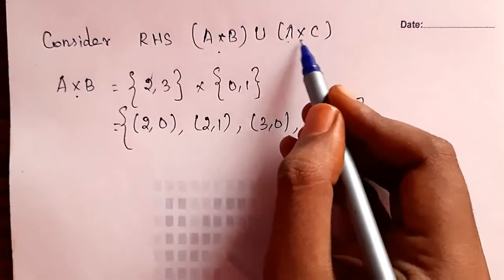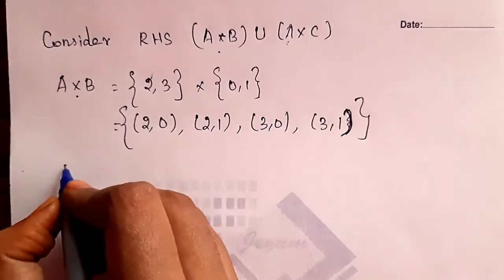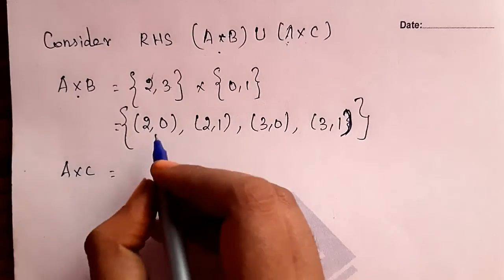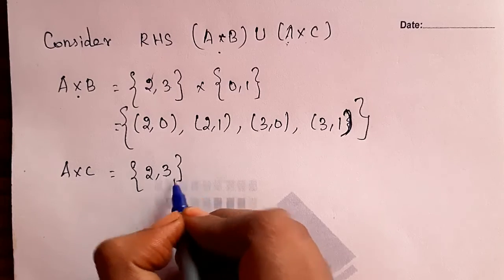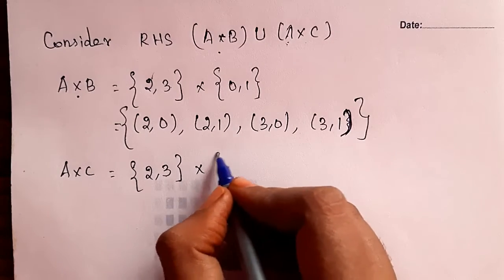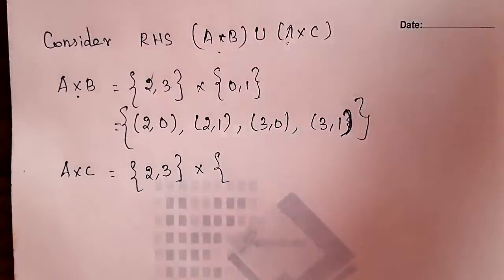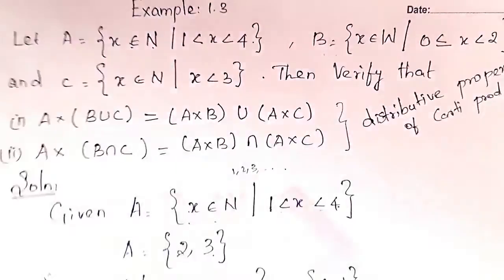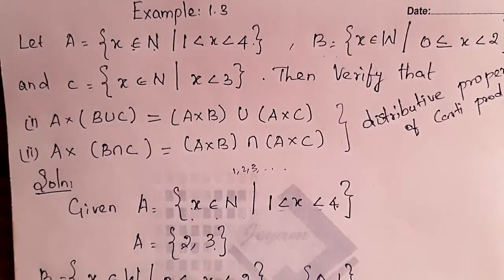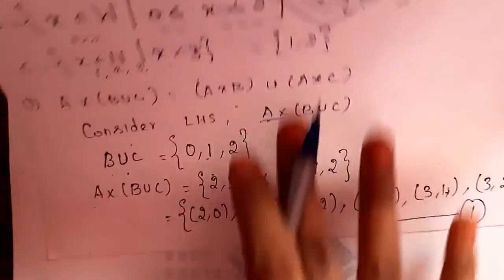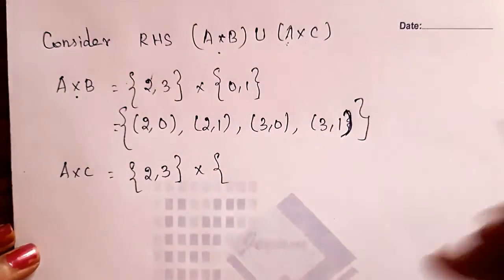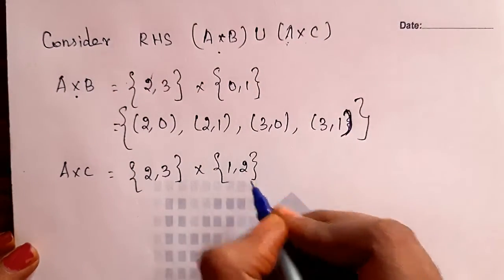Next we can find A cross C. So A cross C equals, already you know this is A, {2, 3}, then cross C. What is C? C is {1, 2}.